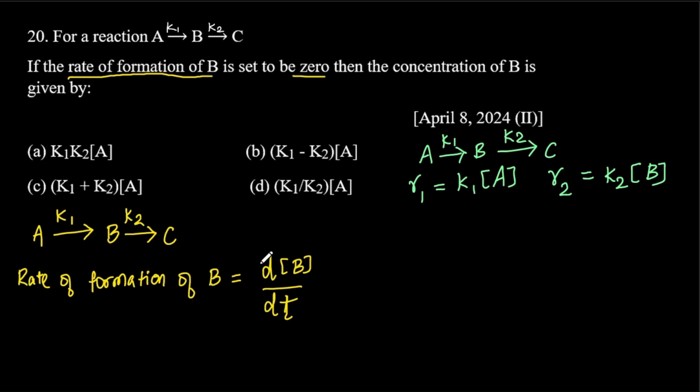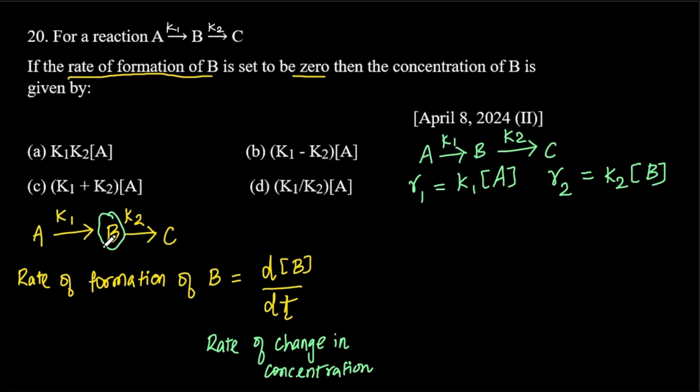Now here we have written rate of formation of B as rate of change of the concentration of B by the change in the time. So this is nothing but rate of change in concentration. Now, from this equation, it is clear how the change in concentration of B occurs.